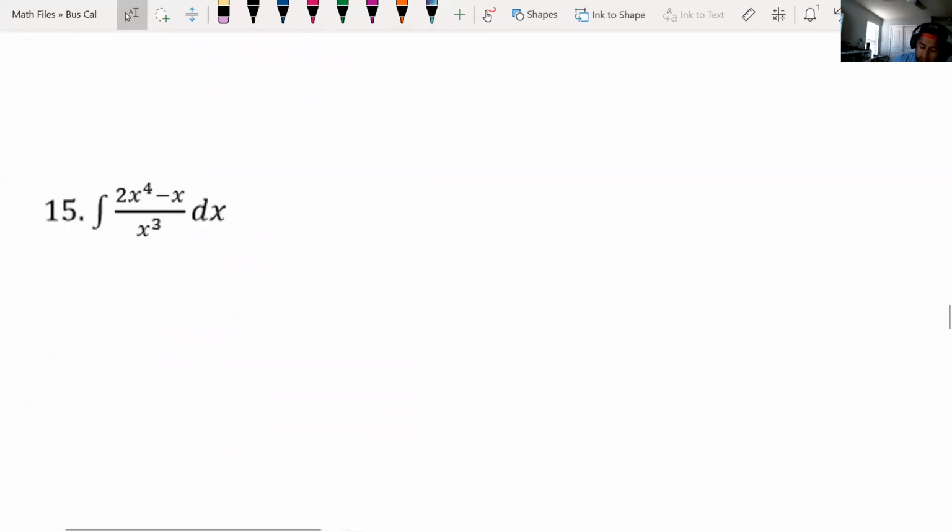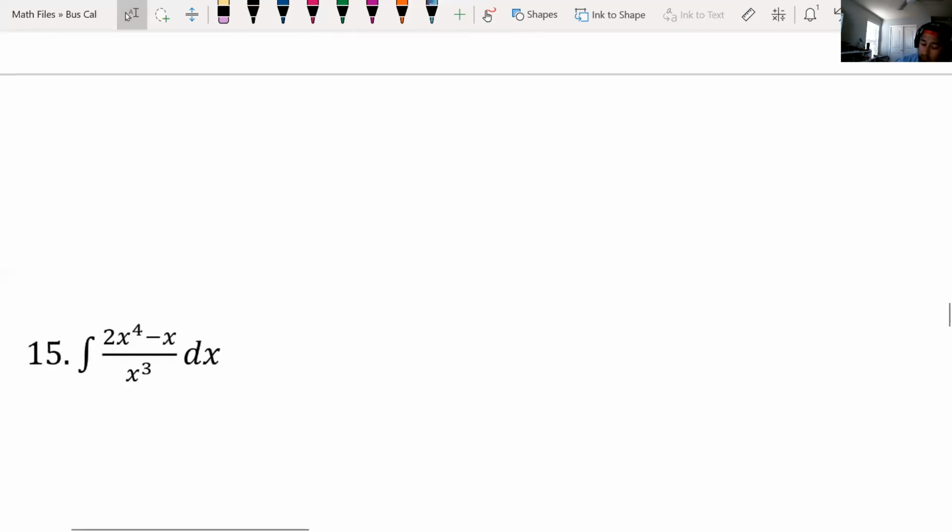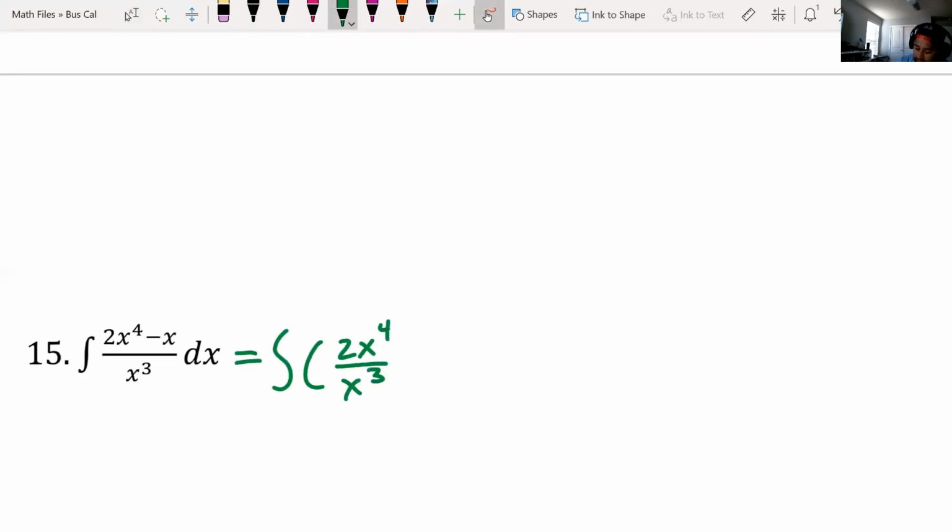All right, 15. The integral of 2x to the fourth minus x over x cubed dx. Again, we don't know how to find the antiderivative in this form, so we rewrite it algebraically. We see that there's two terms over the same denominator, which means I get to rewrite it as two separate fractions. 2x to the fourth over x cubed minus x over x cubed.